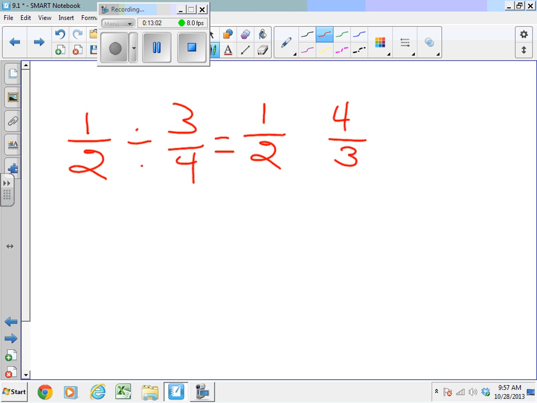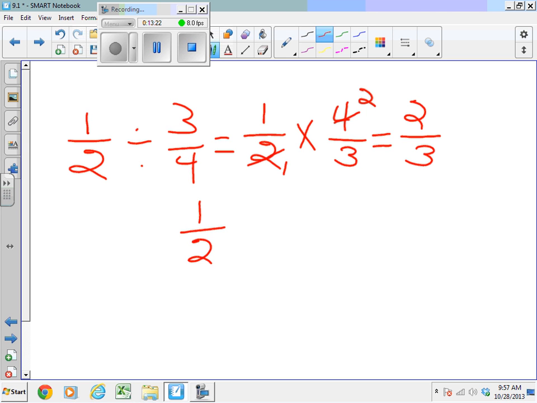You change your division sign to a multiplication sign, and then you multiply the problem as you would any other multiplication problem. And you get the answer, reduce it to lowest terms.